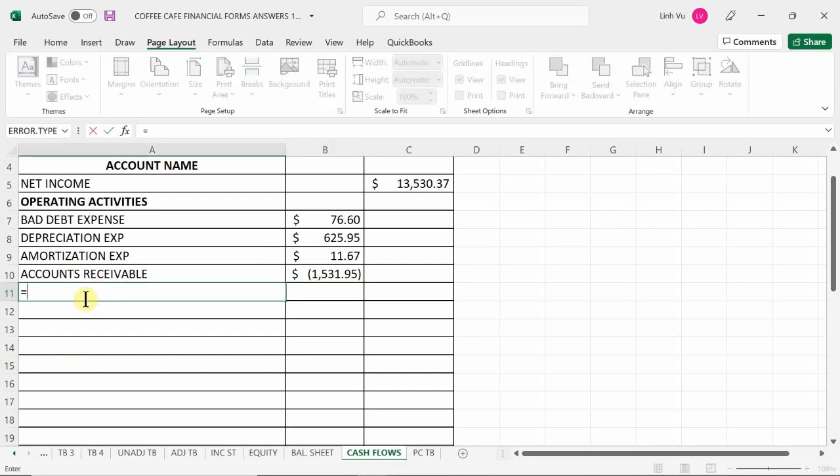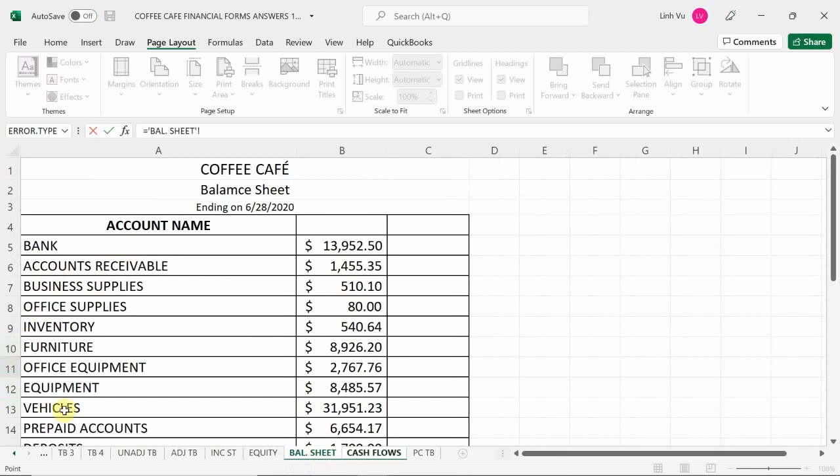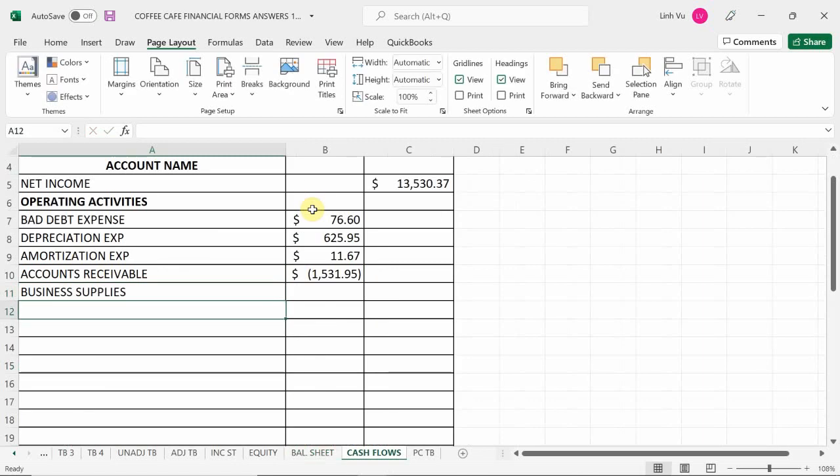Second account that we have in our balance sheet is going to be my business supplies. Now, business supplies. You had to use cash in order to obtain those business supplies. So is that cash that you have right now?